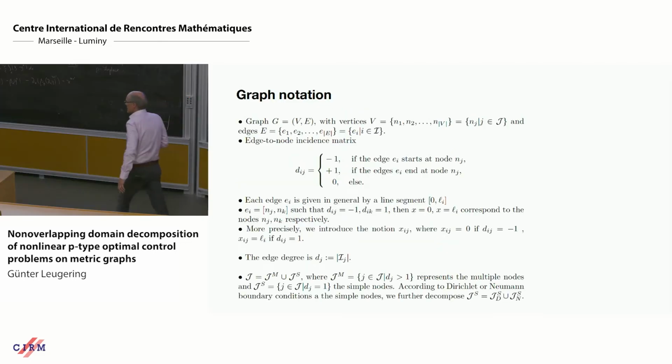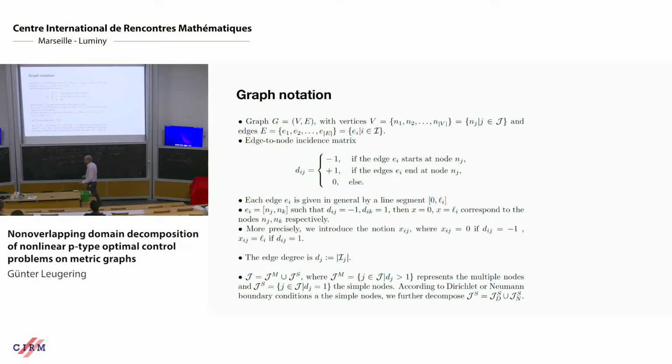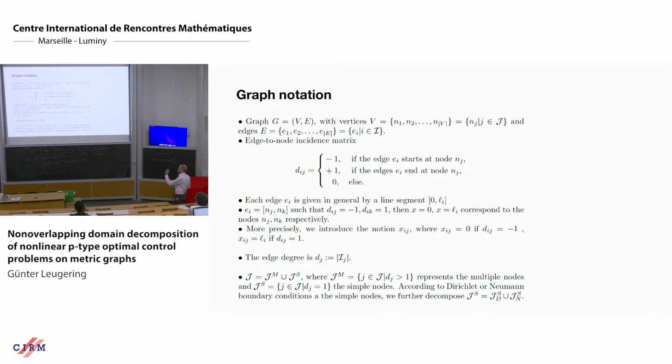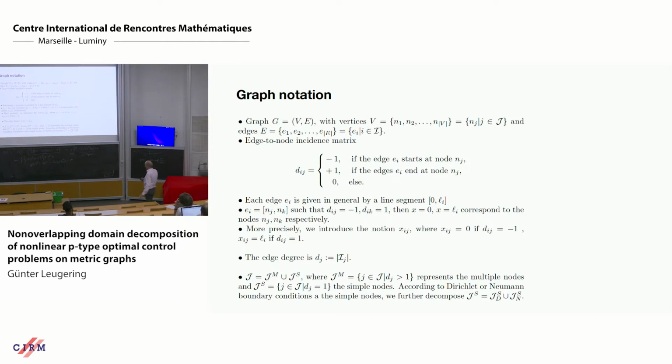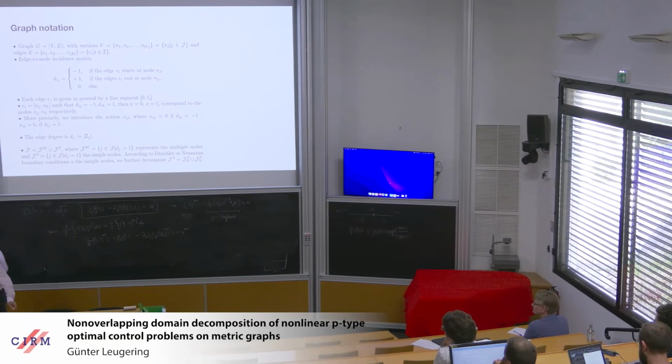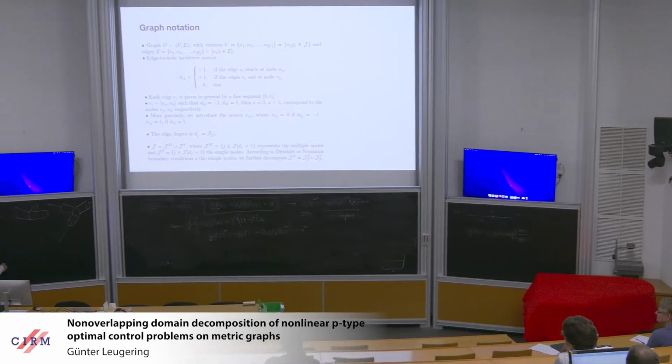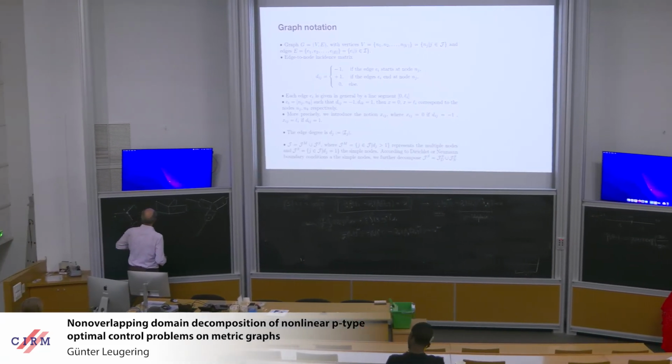In any case, now let me embark, because time is running fast, on a bit of notation. I know this is not nice to read, but it is good to see at least, and I will explain it to you when I show you the equations. It is better than reading off a complicated slide. But the point is the incidence relation. The point is that we have multiple nodes that I call JM.